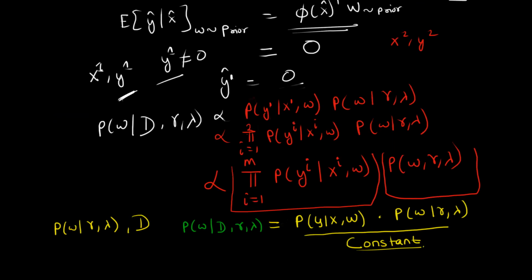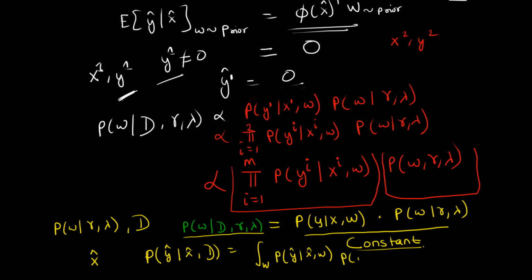So now, once we have this posterior distribution, when a new variable X hat arrives, we can predict the entire conditional distribution of Y hat given the X hat and the data as the integral over all W of P of Y hat given X hat comma W into P of W given the data comma gamma comma lambda.